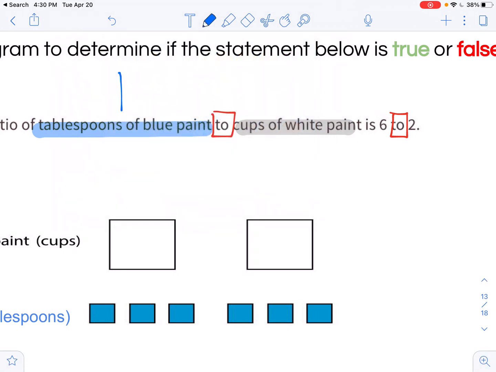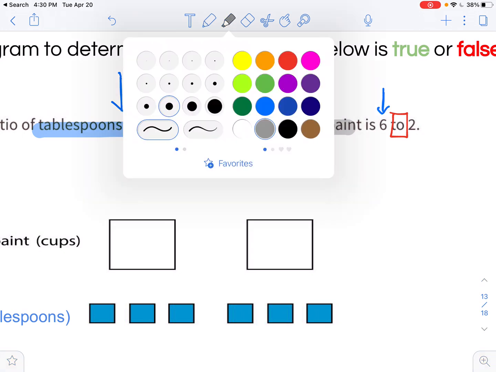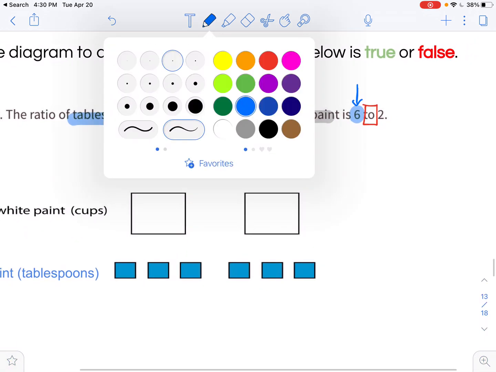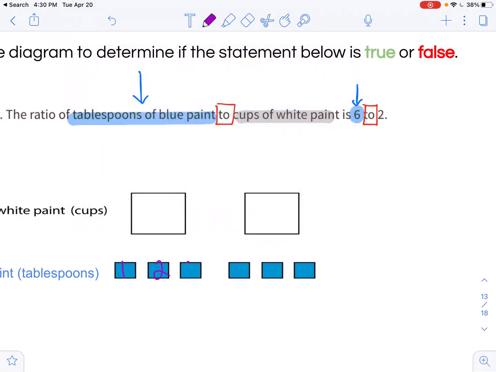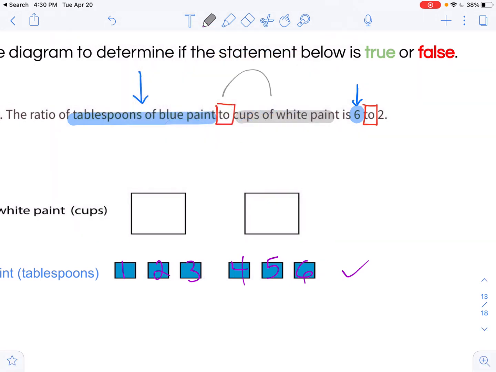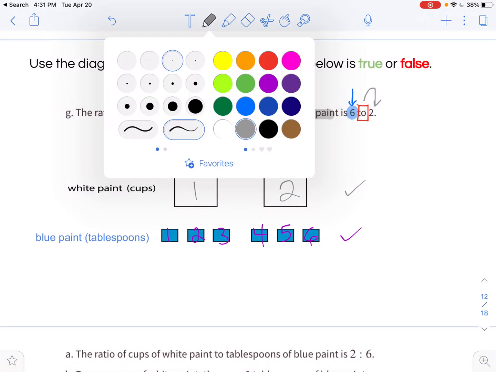Here it is, blue. That means this word in front of the TO must also mean blue. So that means 6 blue. And I haven't changed the picture, but here they are. 1, 2, 3, 4, 5, 6. Check, that's right. So then if I look after the TO, I can see cups of white paint. If I look after the TO, I can see the number 2. There are 2 cups of white. Both of those things are true, so this statement is true.